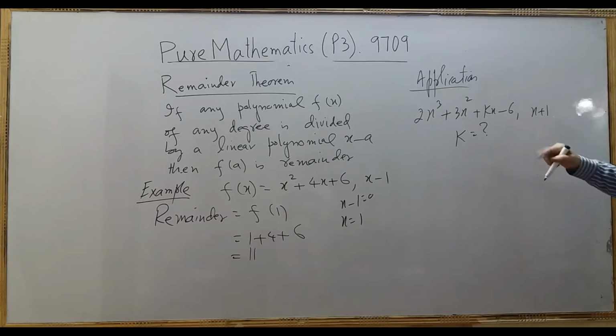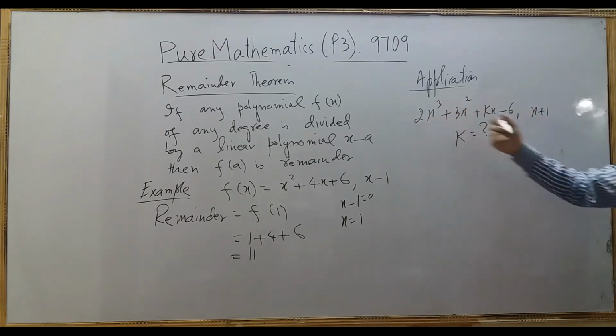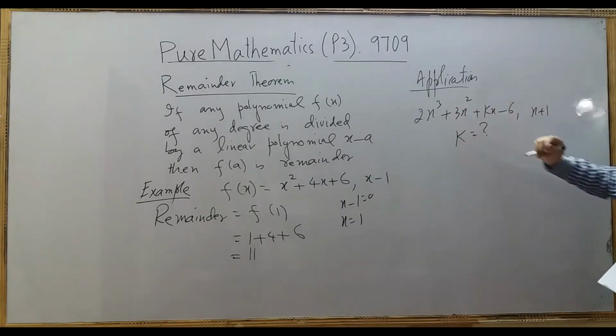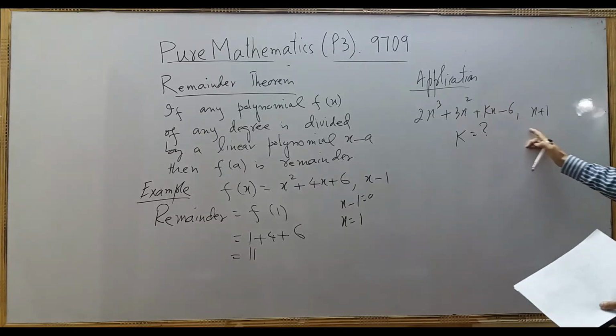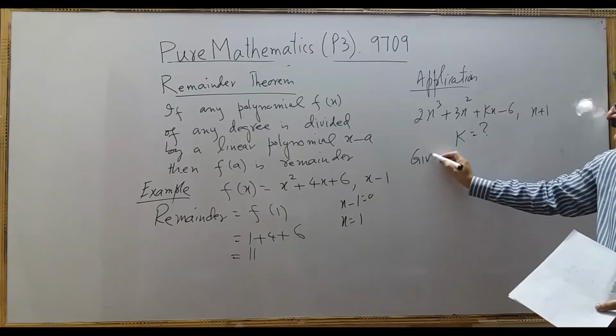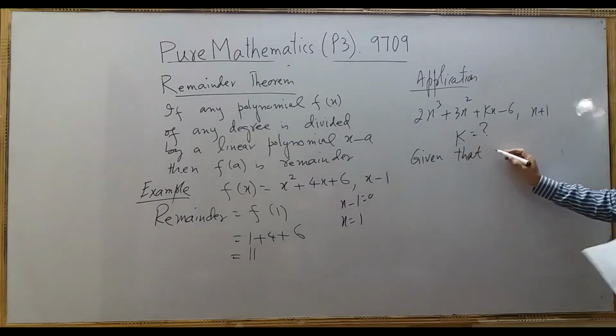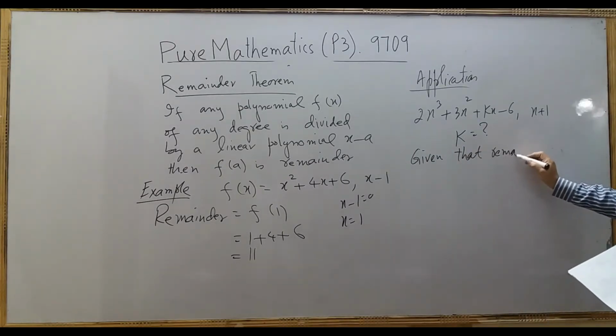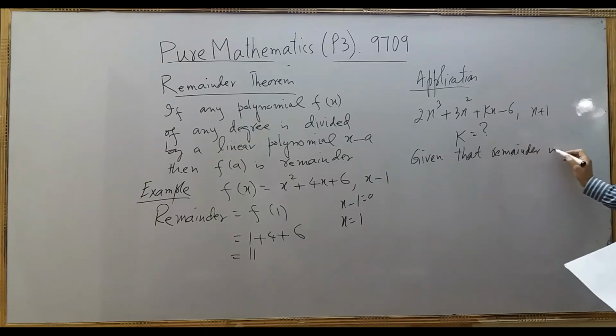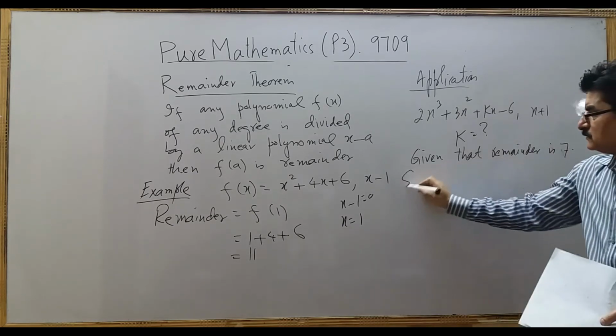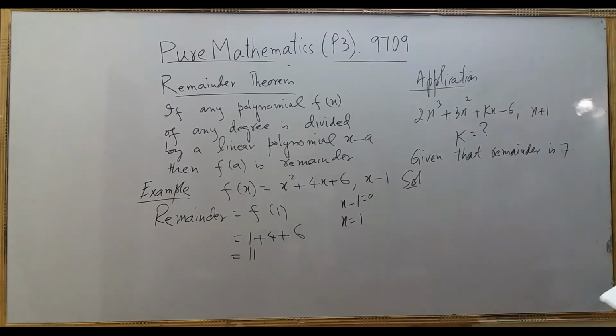The remainder theorem states that when a polynomial of any degree, here we have a cubic polynomial, highest power is 3, is divided by x plus 1, then the remainder is, as given in the question, 7. Find k.